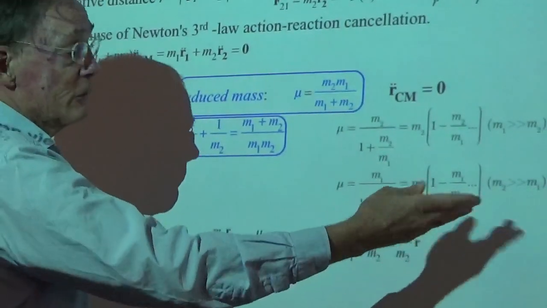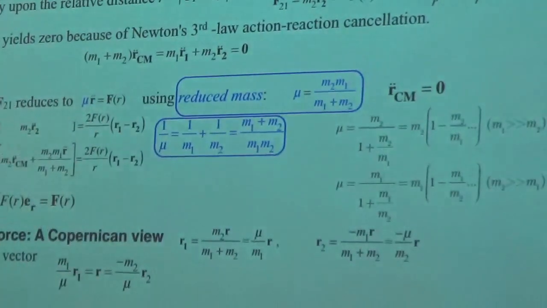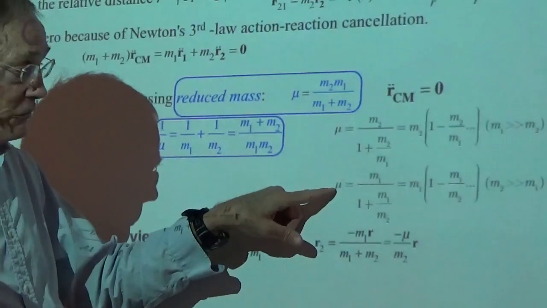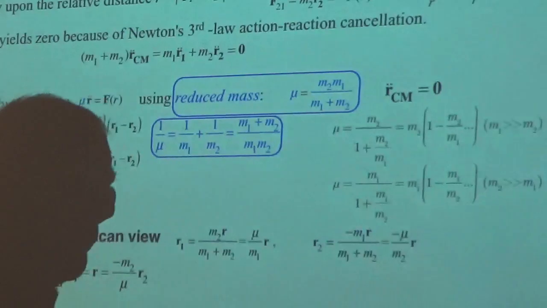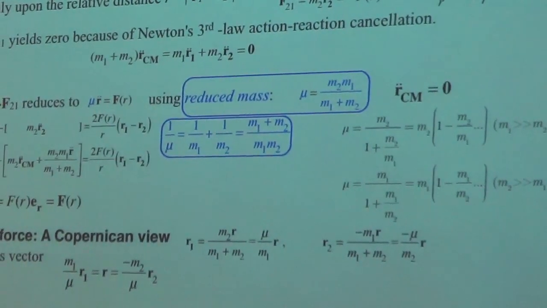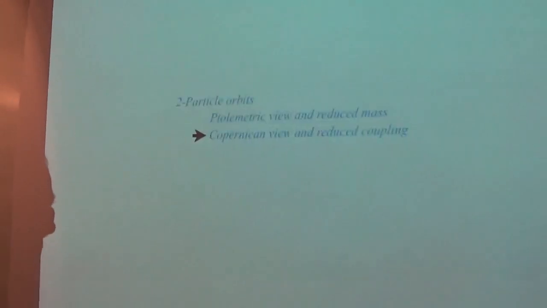If m2 is much greater than m1, it makes sense to do this one. So those are the two possibilities for approximating the reduced mass, and it is indeed reduced in each case. So that is pretty much what's involved. Now, as I explained, that's why it's called reduced.